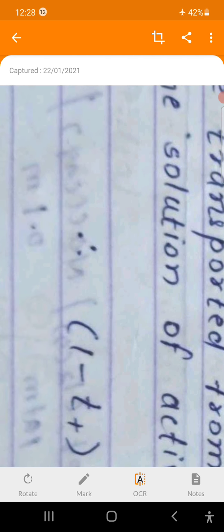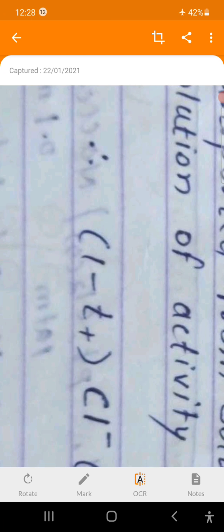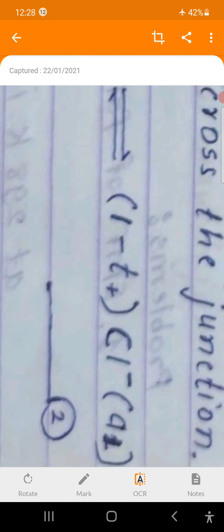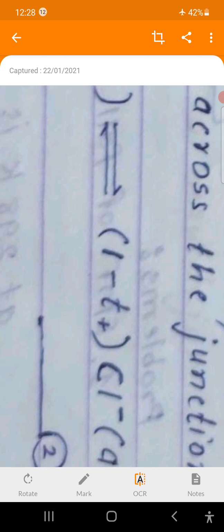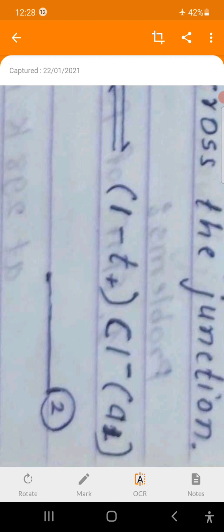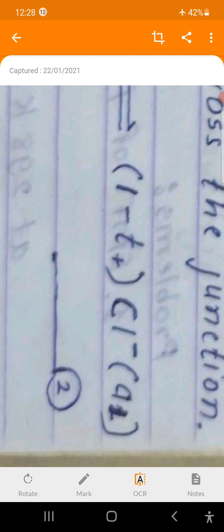And therefore, instead of writing T minus equivalent of Cl minus, here what is considered? 1 minus T plus, which is nothing but equal to T minus. 1 minus T plus equivalents of Cl minus ions having activity A2 are migrated towards, or are in equilibrium with, 1 minus T plus Cl minus having activity A1.